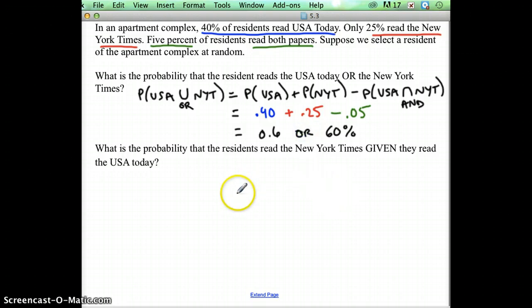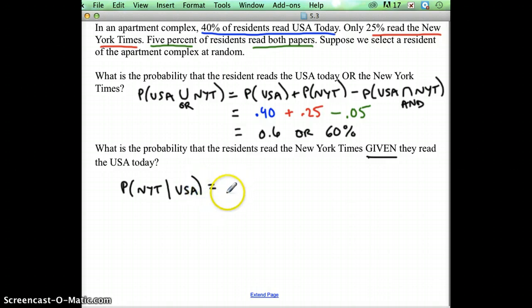Okay, now the next question is a conditional probability problem. It says, what's the probability that the resident reads the New York Times given they read USA Today? So it's conditional probability. The probability that they read New York Times given that they read USA Today.